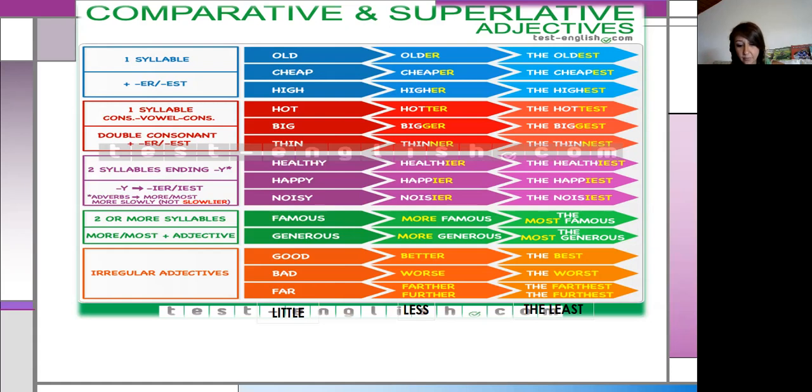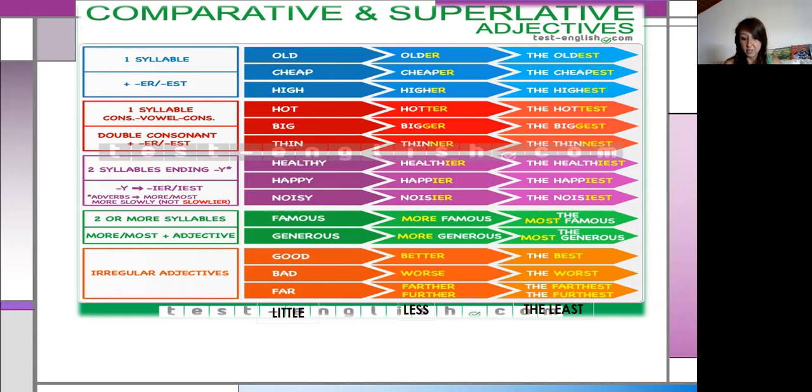Let's take an example. Famous, yes, famous, two syllables: more famous and the most famous. Generous, more generous, the most generous. So now you see where this construction comes in, right? Here we're using more and most.